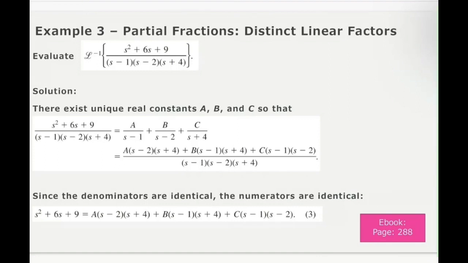If we have a fraction like this, the denominator, where we have s minus 1, s minus 2, s plus 4, is actually s to the power of 3. Then we want to decompose it into a few fractions. So how do we do this fraction?